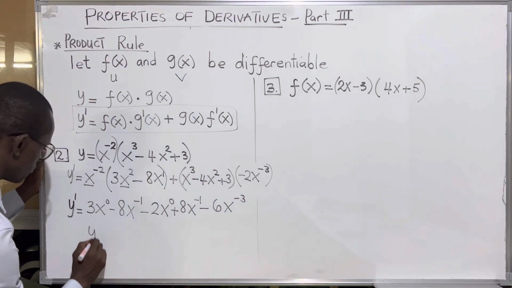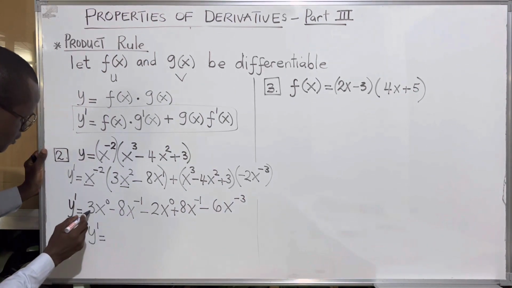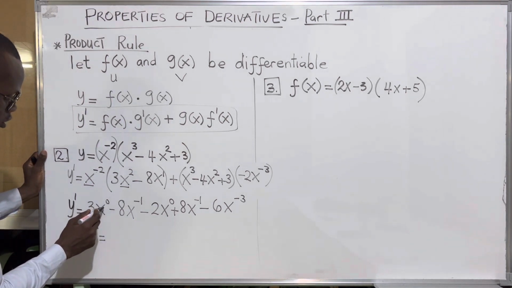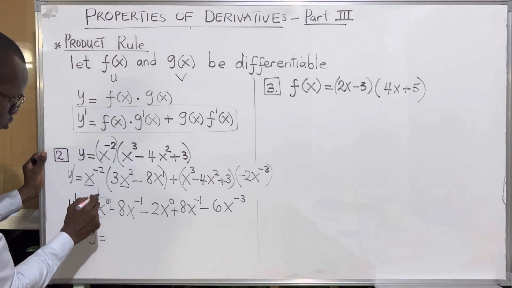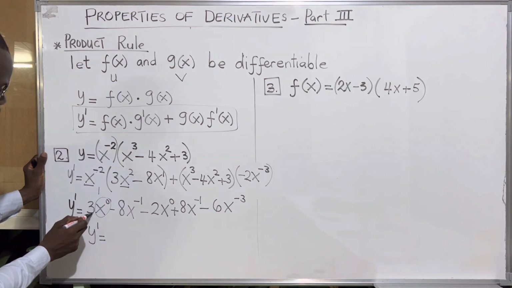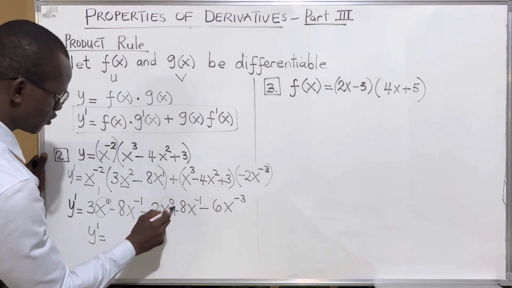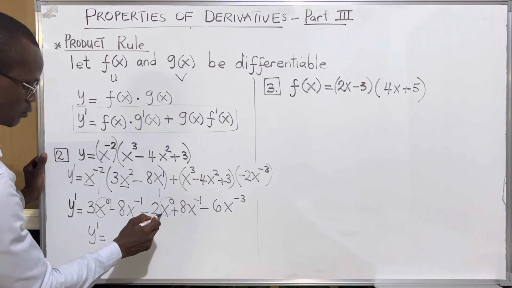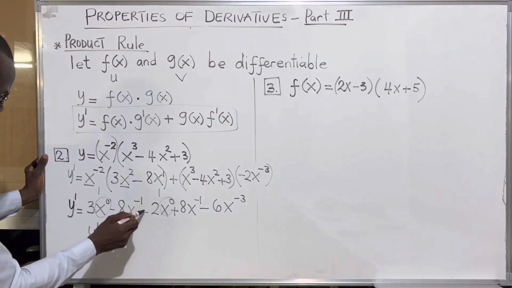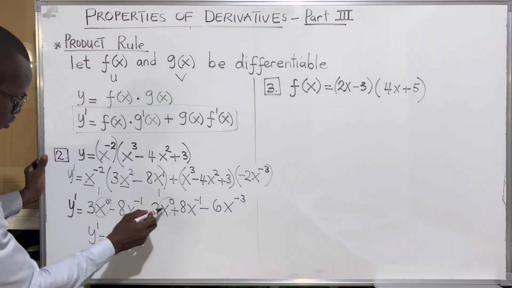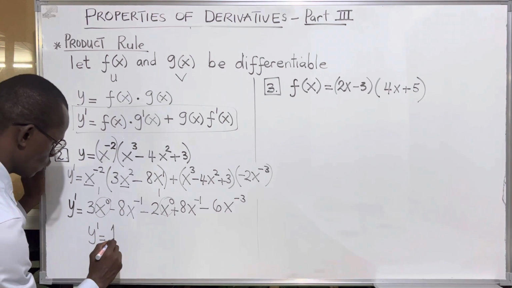So we have y prime now to be, this is 3x to the 0 power, so this will just give us 1, so this is just 3. This will also give us 1, so it's 3 minus 2, which will just be 1.